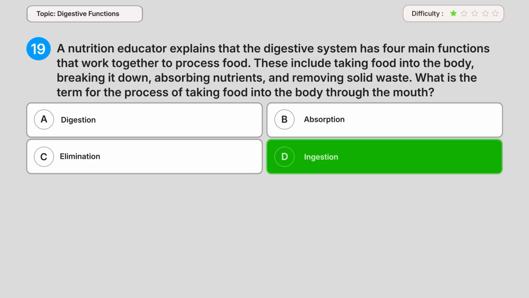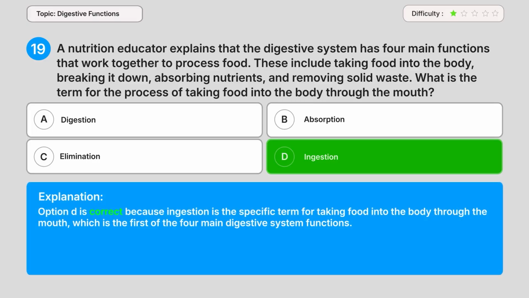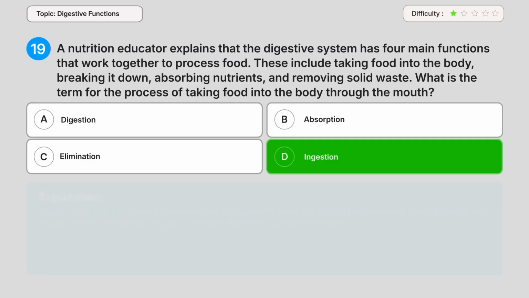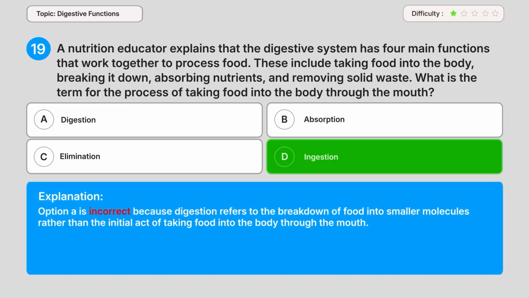Correct answer, D. Ingestion. Explanation. Option D is correct because ingestion is the specific term for taking food into the body through the mouth, which is the first of the 4 main digestive system functions. Option A is incorrect because digestion refers to the breakdown of food into smaller molecules rather than the initial act of taking food into the body through the mouth.